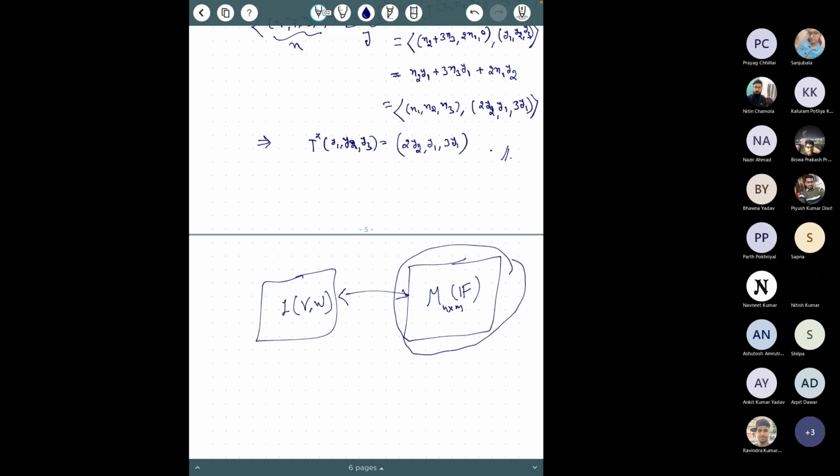Therefore, in the rest of the course, my main focus will be on matrices. Of course, whenever needed, I will relate the results with linear transformations also. But I will try to focus on matrices so that it's easy to explain and easy to understand. One can always derive results by looking at the matrices, and one can always write a similar result for linear transformations, because we know that there is a way to go from here to here.